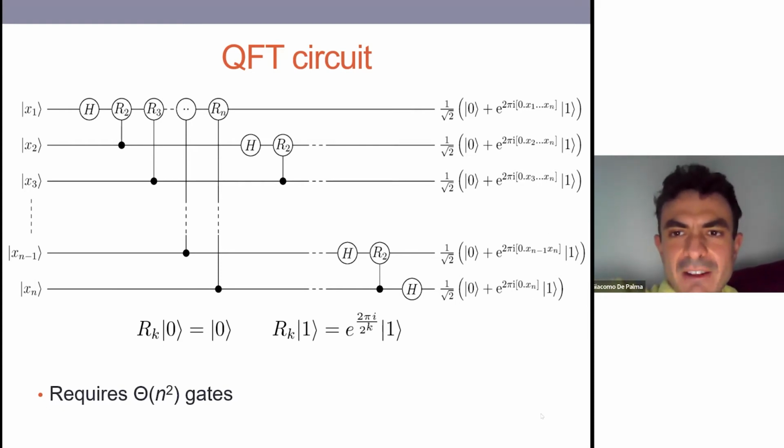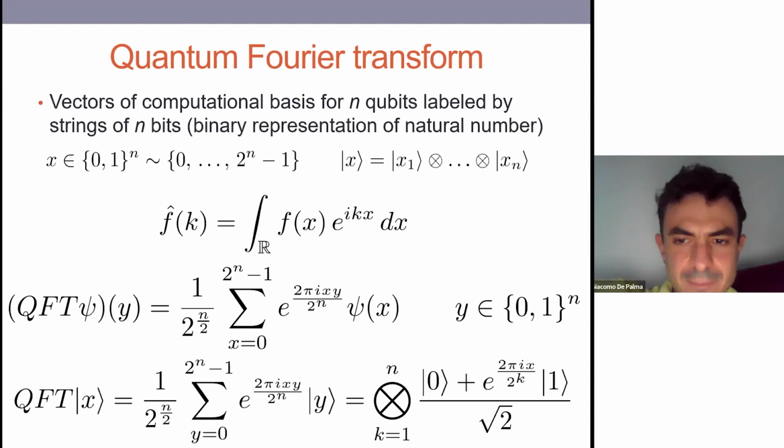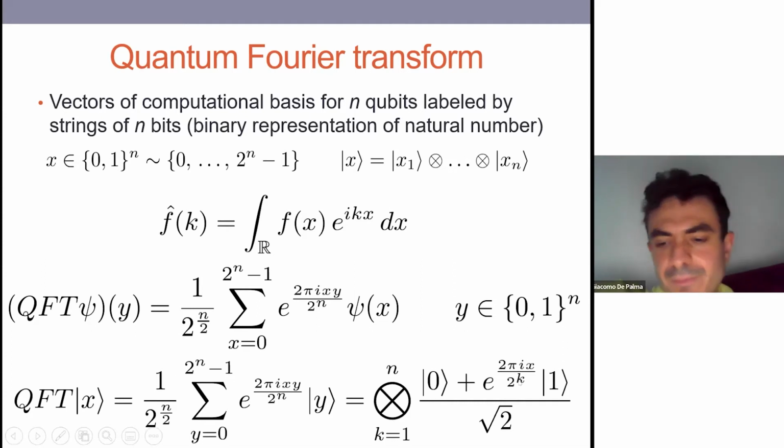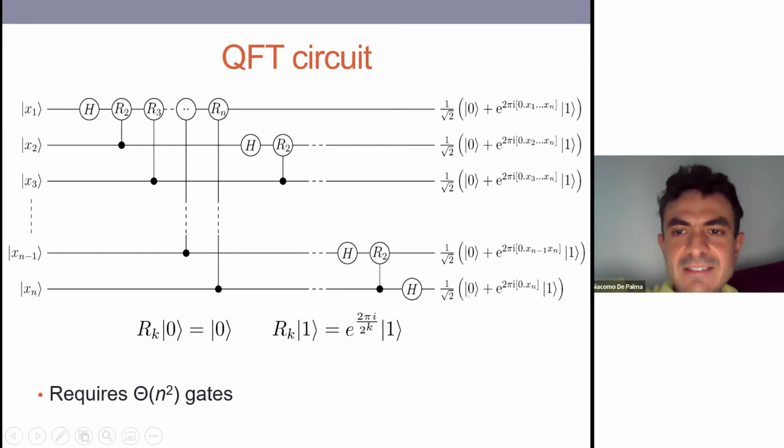Then if you compare the state that we got with what we had here in the previous slide, we can see that the term that should be there in the first qubit is what here appears in the last qubit.